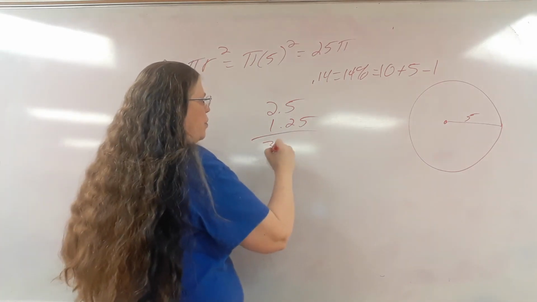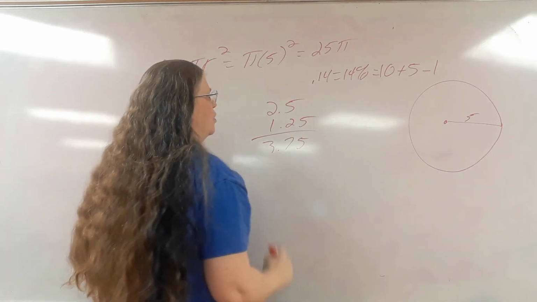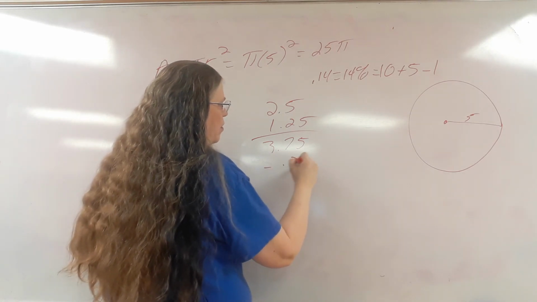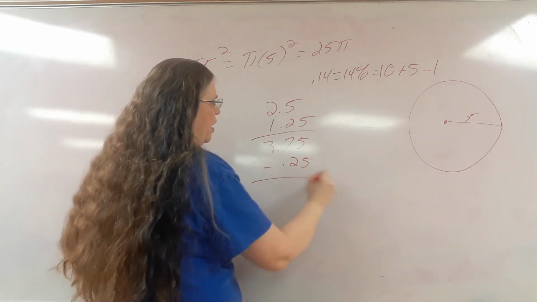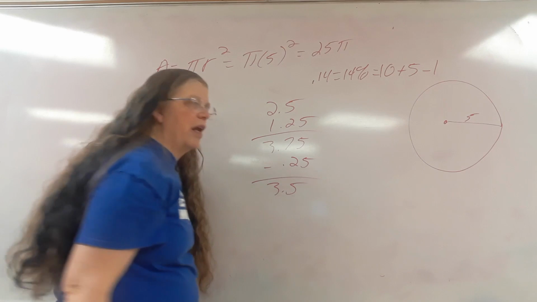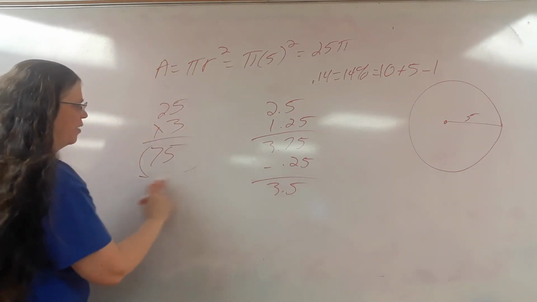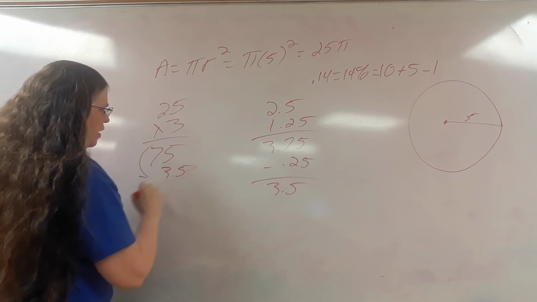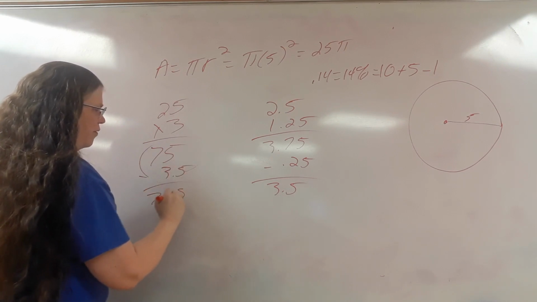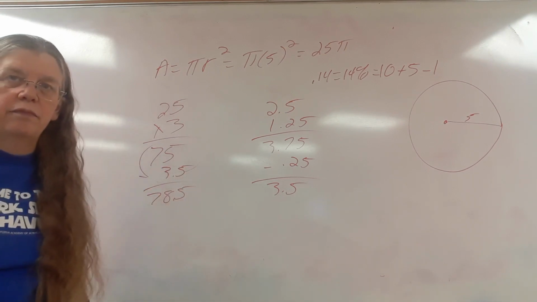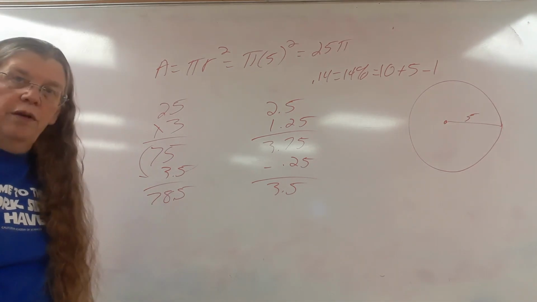So we get 3.75. Minus 1%. We just move that decimal over again. 3.5. 3.5 plus 75 gives us our 78.5 that the answer was.